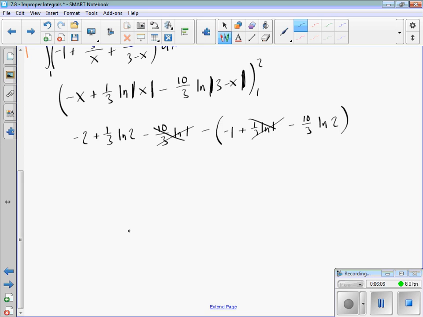Is the book in decimal or written out? Written out, okay. So negative 2, this would be plus 1, so I'd just get a negative 1 for these two pieces here.